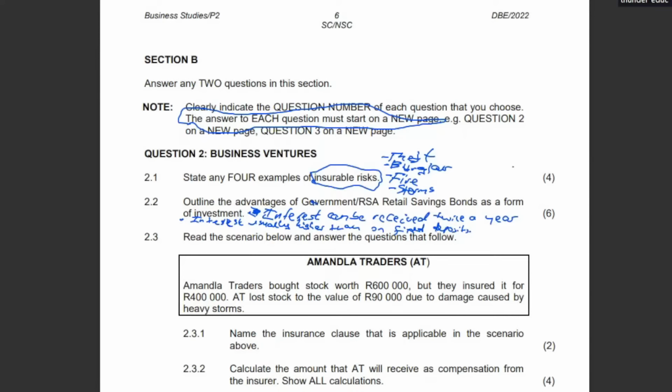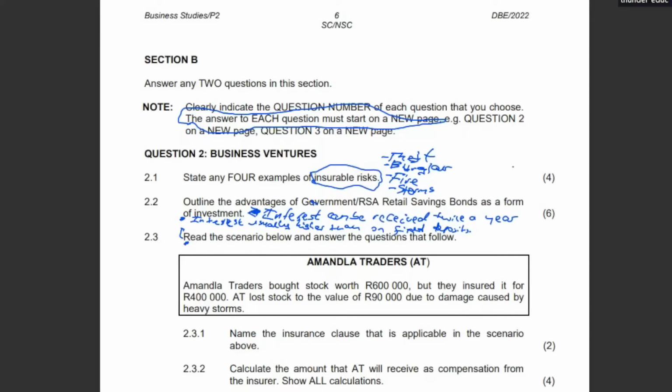Right. So now the third one, sorry, because there's not enough space.